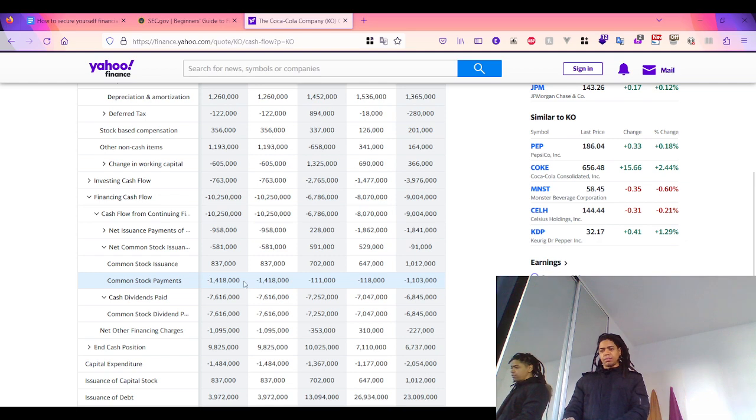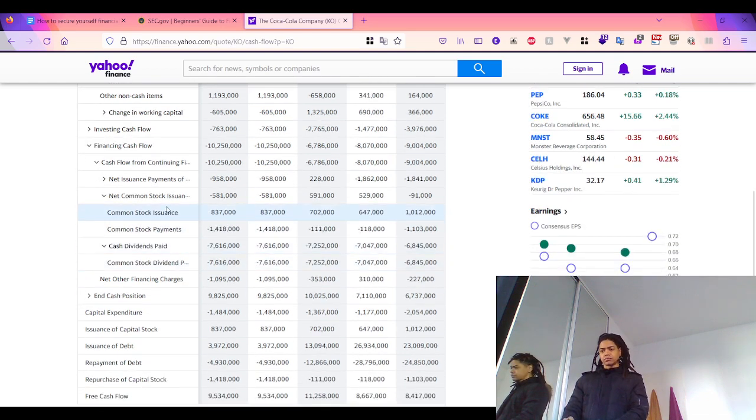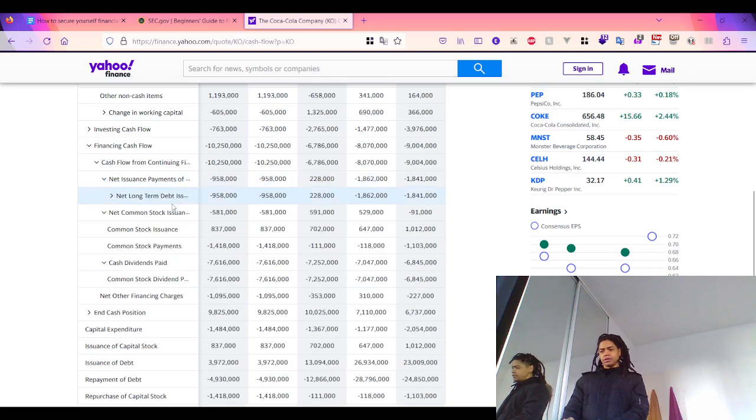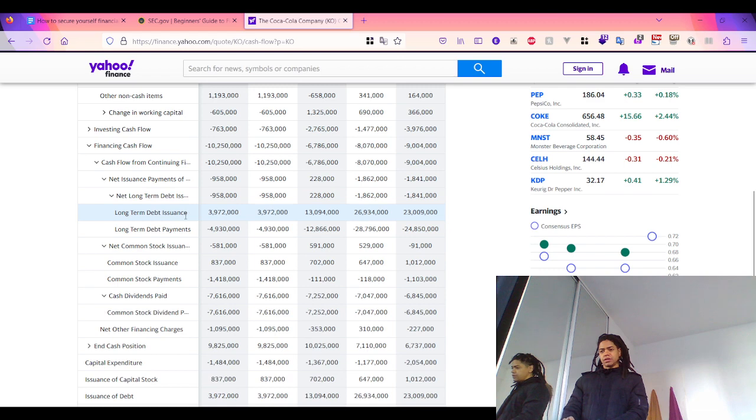And common stock payments. Similar to this are long-term debt issuance, long-term debt payment, common stock issuance, and common stock dividend payment.